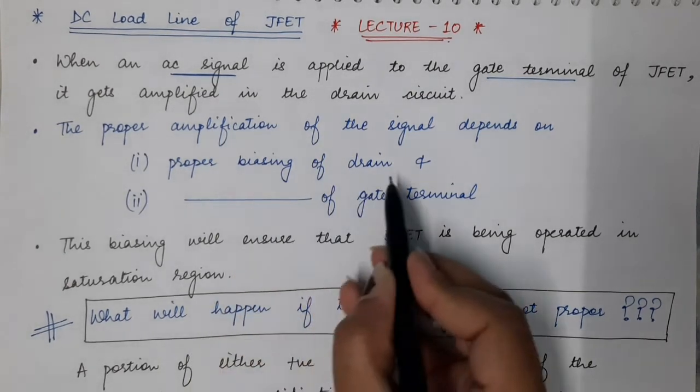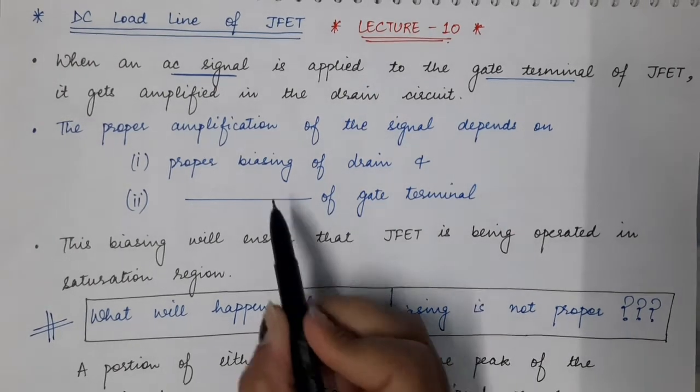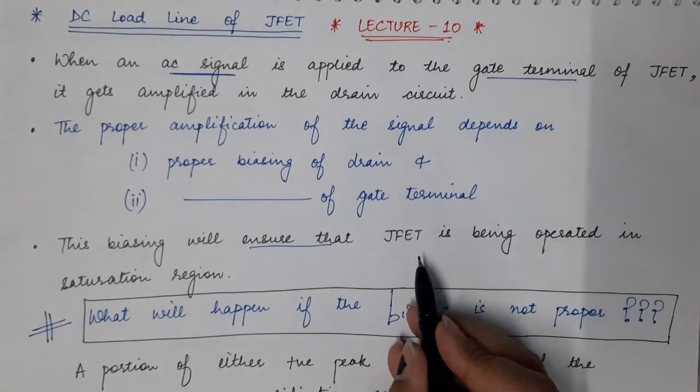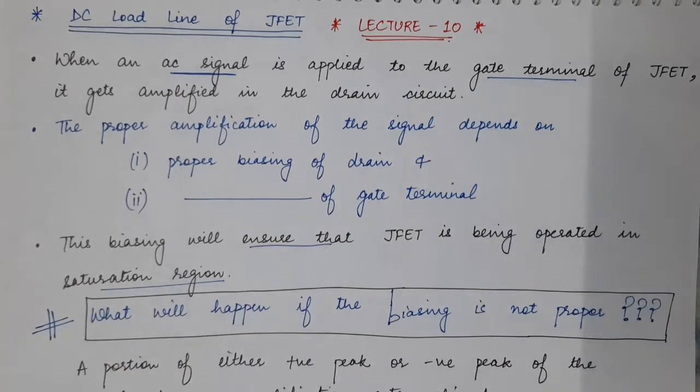So what will this proper biasing do? It will ensure that the junction field effect transistor which we are using is operating in the saturation region. For faithful amplification, the shape of the amplified signal will be proper and similar to the input AC signal only when the junction field effect transistor is operating in the saturation region.